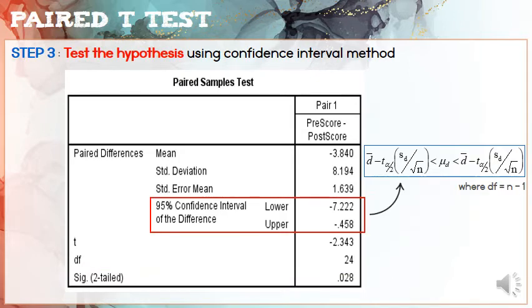If you want to test the hypothesis using confidence interval, boleh calculate manually by using this equation, or you boleh dapatkan daripada SPSS output. But please alert, okay, SPSS output bagi berapa persen confidence interval. If dia bagi 95%, soalan suruh calculate 99%, then you have to calculate manually.